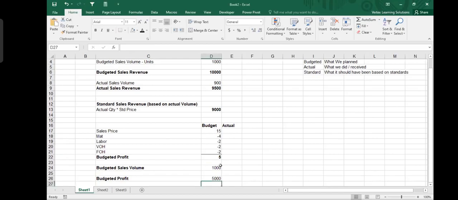I will change these numbers because something came to my mind. Let's say actual is this one, minus 15, minus 10, minus 5, minus 4. I put it here and here. 16,000.